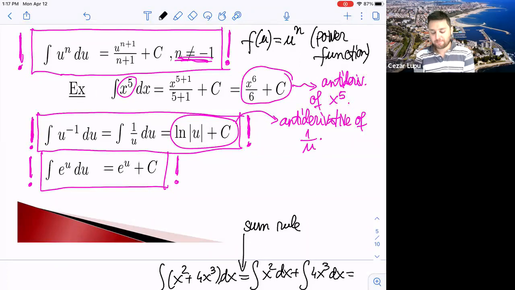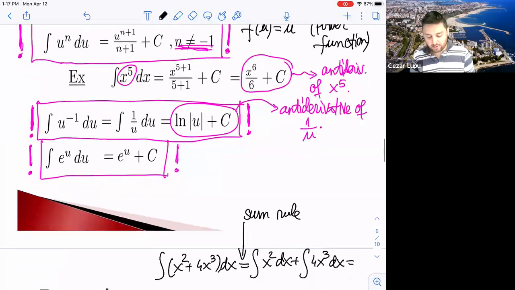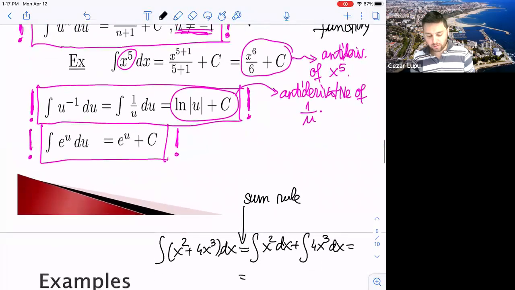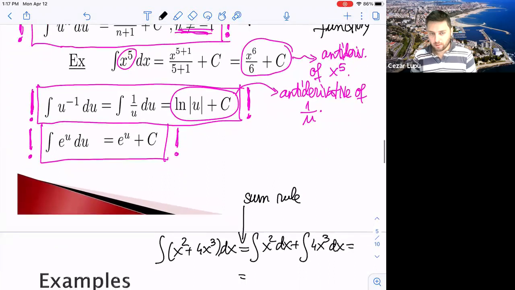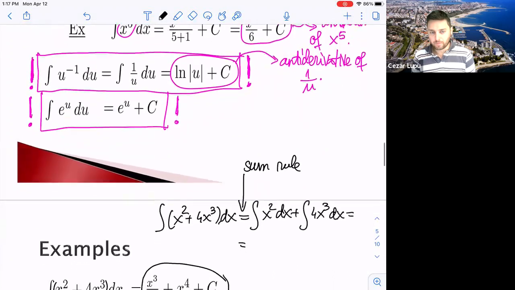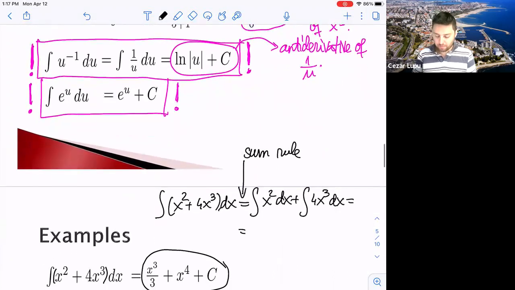It's the first one, right? So in our case, the integral of x squared will give us what? Can you tell me? It will be x cubed over 3 plus, let's say, some constant c1. Great. So this will be the first integral.